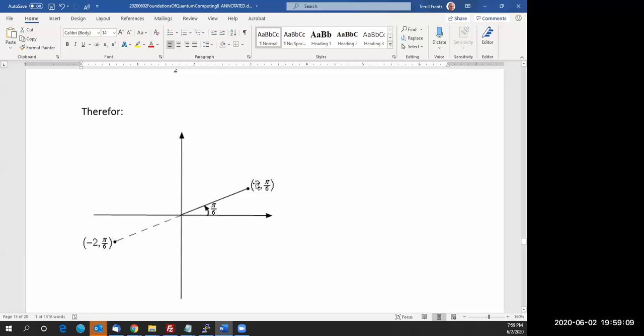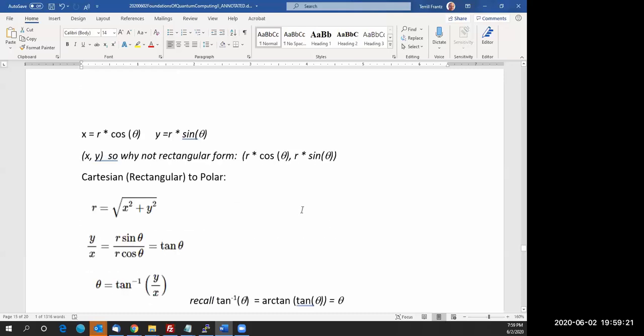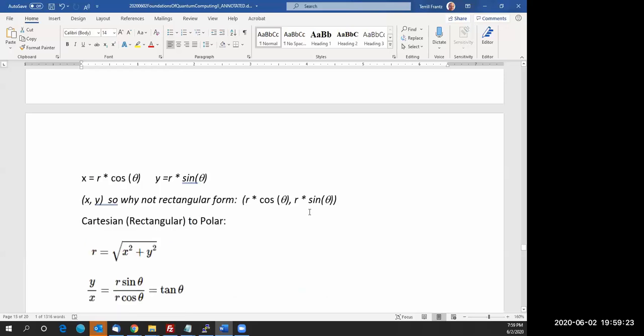So be careful with r being a negative number, or just changing the sign of r, which does occur in quantum computing.